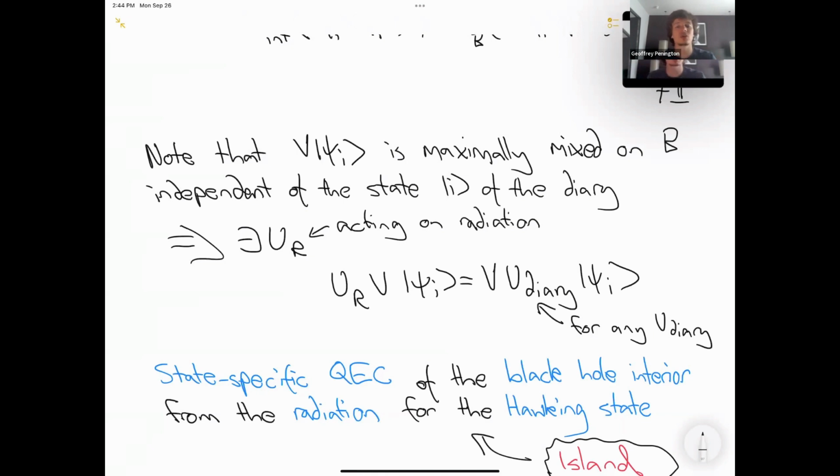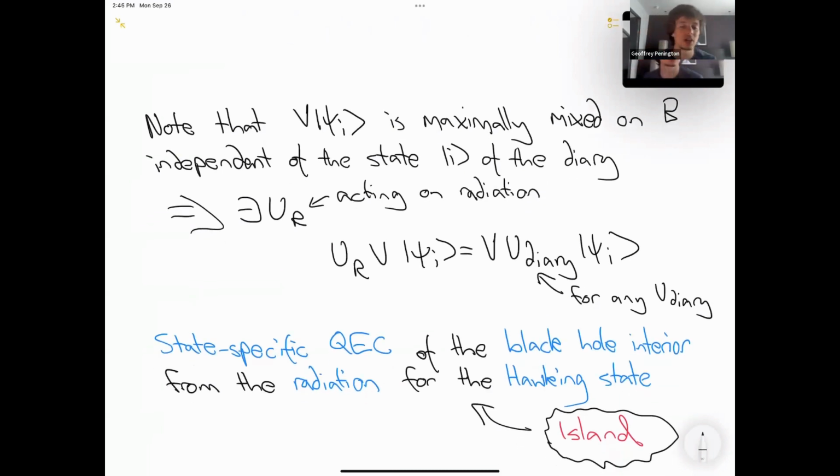We've traced out all the output of V, and yet we're somehow still able to reconstruct the input to V just from the reference system that the input to V was entangled with. So this is a radical new quantum error correction feature that would never be possible with isometric codes, but it can happen with non-isometric codes.